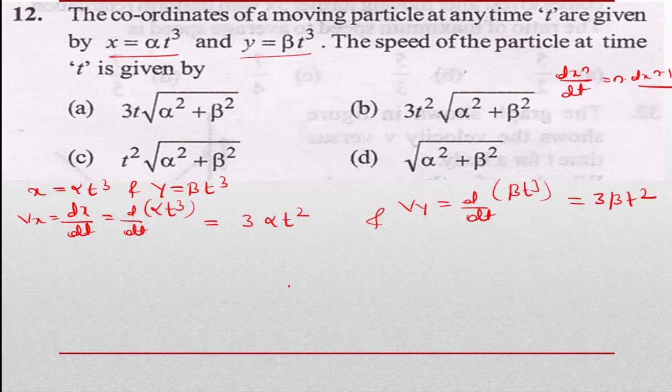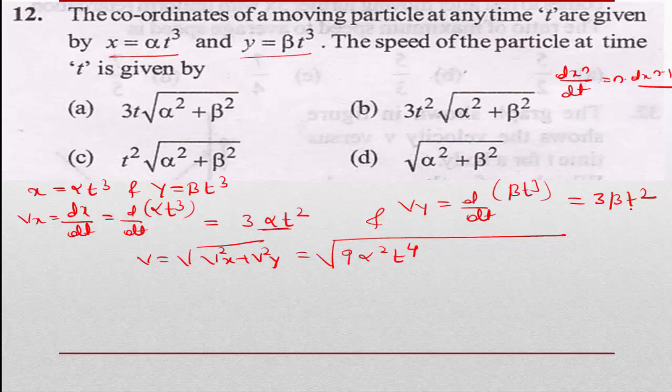The speed of the particle at any time, we get the answer v is equal to root of v square x plus v square y. Now substitute the values here. Square Vx: 3 into 3 is 9, so 9 alpha square t to the power of 4, plus 9 beta square t to the power of 4.